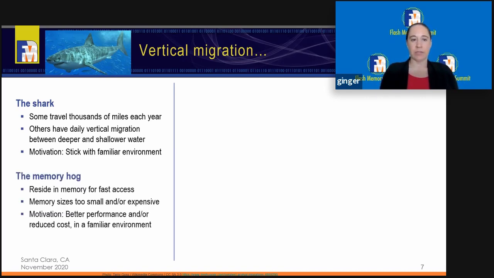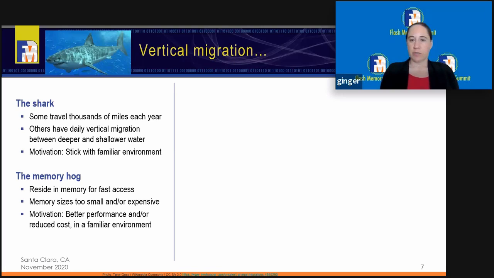And the tie-in to this animal is the application that I'm going to call the memory hog. Currently, this is an application or data structure that resides in memory because you need that fast access. But you're probably finding out that memory sizes are too small and or too expensive, and hoping that there would be a better solution.